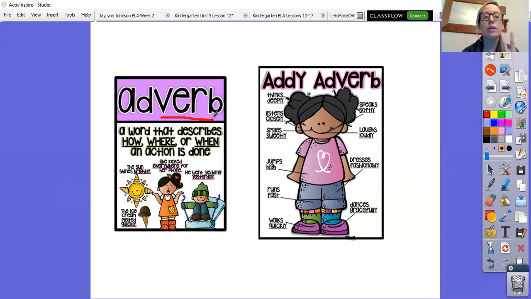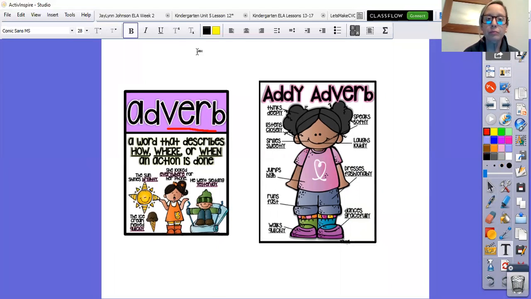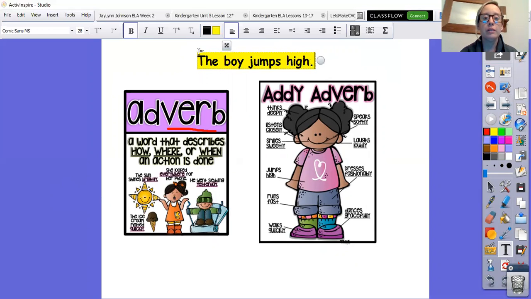So remember, the verb is something that we're doing, especially when we're talking about action verbs, okay? So if I said, let's see what we have over here. How about the boy jumps high, okay?